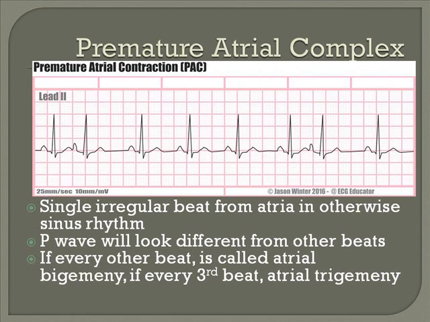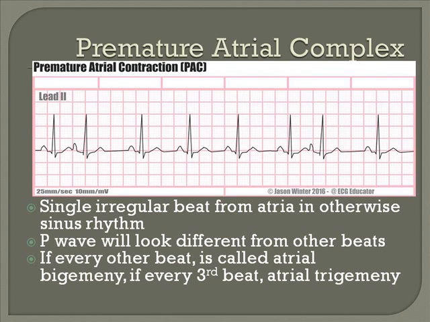So if we have a P wave for those irregular beats, but they happen to look different, that tells us it's coming from another part of the atria. If it doesn't have a P wave for that irregular beat, it is not coming from the atria. Now, if it can happen with pretty regularity, such as if it happens every other beat, then this is called atrial bigeminy.